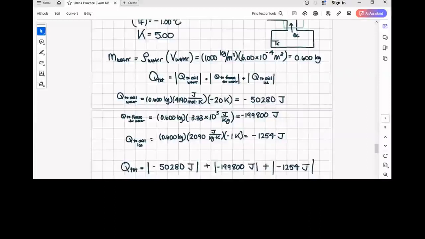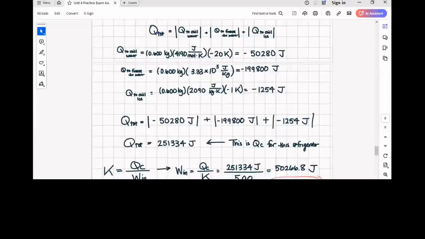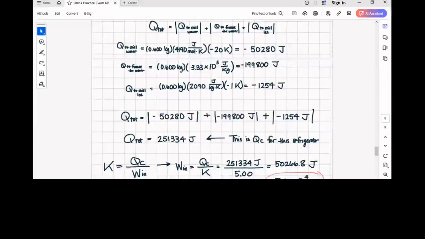And I end up with a negative heat here, negative 1,254 joules. Finally, I can add all of these magnitudes together to figure out the total heat loss. And because this is a refrigerator, this represents QC, 251,334 joules.